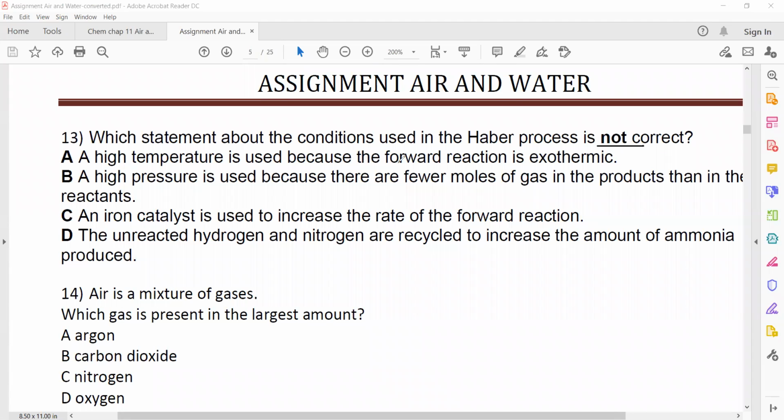A: High temperature is used because the forward reaction is exothermic.